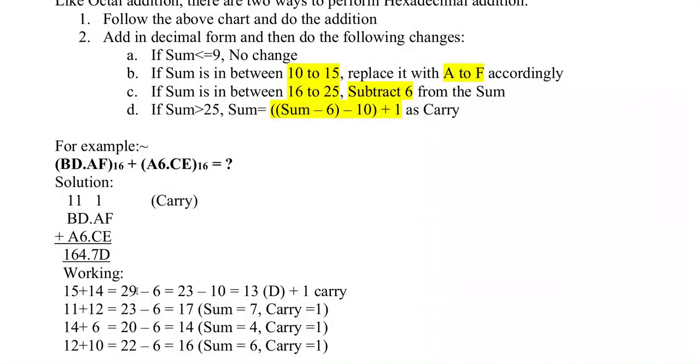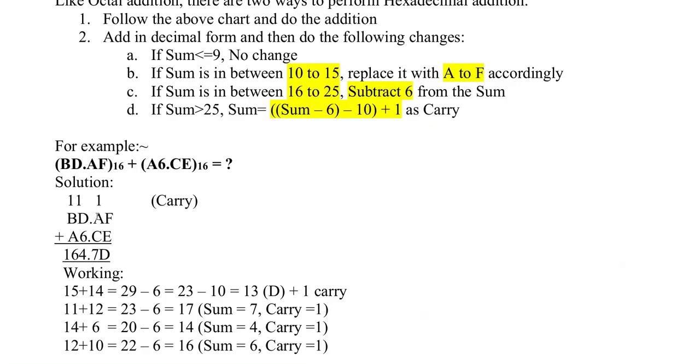So 29 minus 6 is 23. 23, I'll again do minus 10. It's 13. This 13 will be D, remember. And then we'll add 1 as a carry. So E plus F, my sum comes to D and 1 goes to carry.